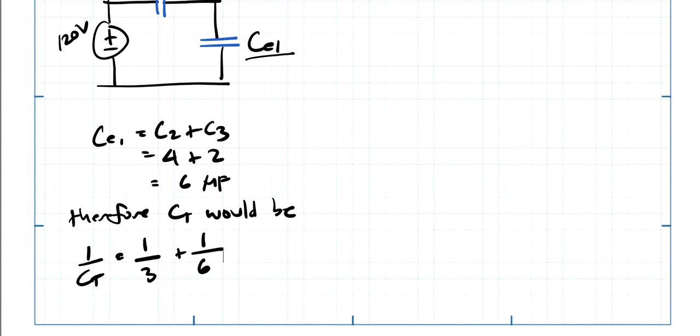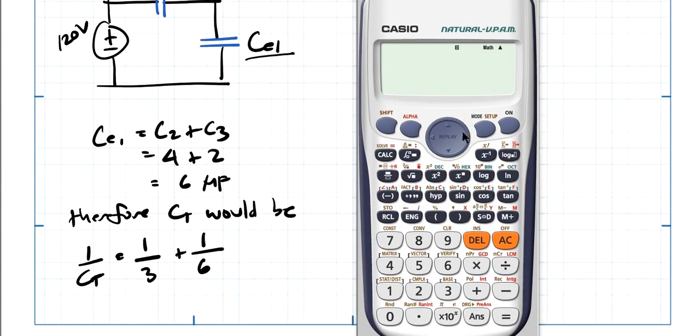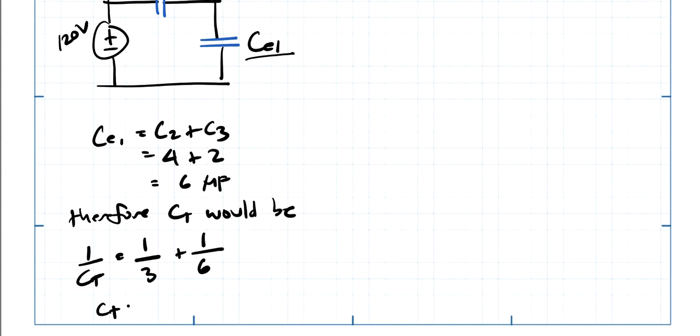So if we do that, 1 over 3 plus 1 over 6 equals, and then 1 divided by the answer, that is equal to 2. So therefore CT is equal to 2 microfarads. So that's the total capacitance of the circuit.